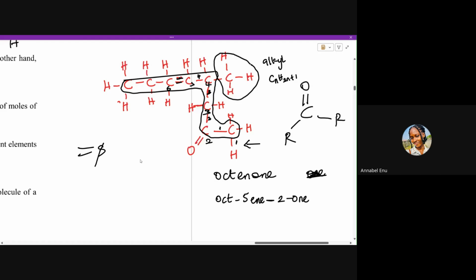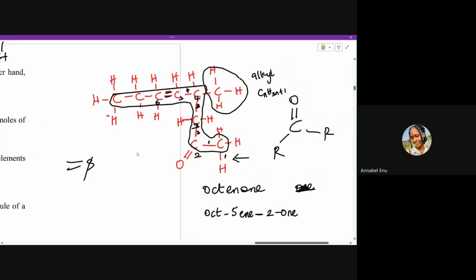I'm seeing in the chat, Winner said, can I show you what I just did? I wish I knew which part you're talking about. Is it still this example you're talking about, Winner? Please, in case I don't see your message on time, the moment you send the message and I've not responded to it, you can unmute your mic and interrupt me.